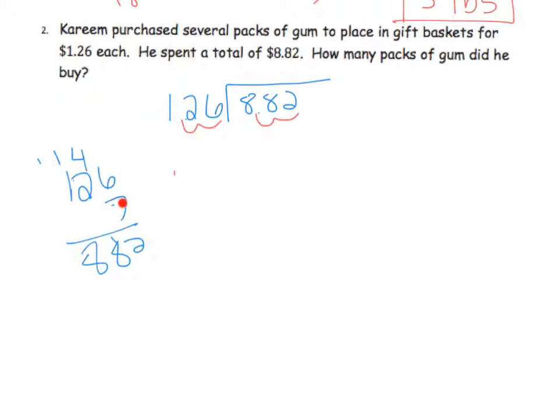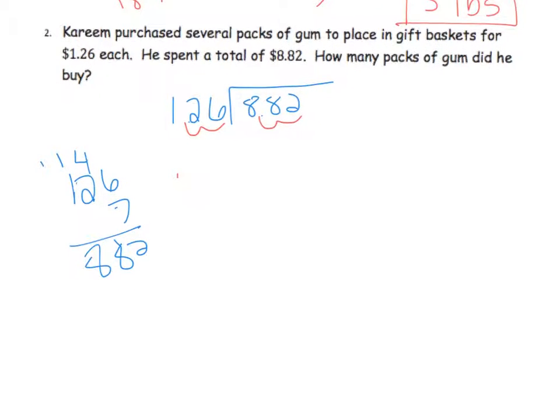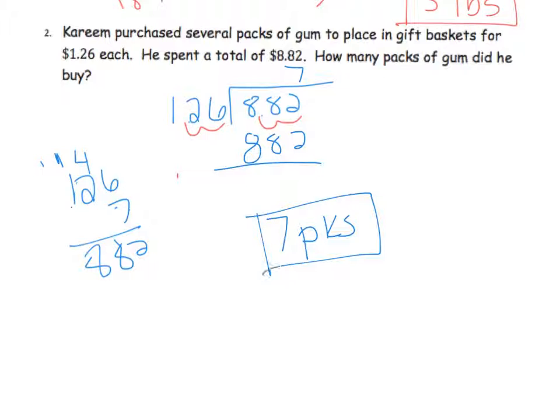And then I did 7 times 2 is 14, plus 4 is 18. So then I have to carry the 1. So here's my 1. And then I have 7 times 1 is 7, plus 1 is 8. So in this case, it worked out perfectly to be 7. So how many packs? You could buy 7 packs. Always include that label.